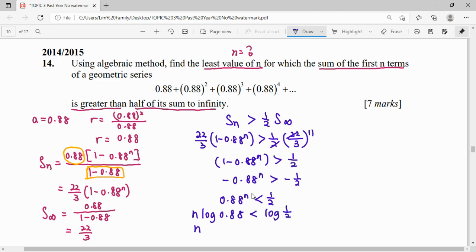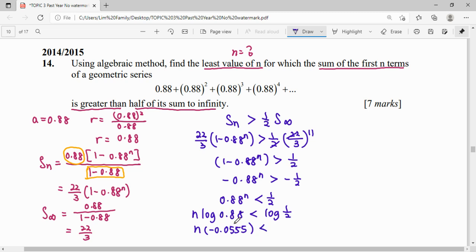So make sure you figure it out first. What is the value? Log 0.88 gives you a negative value. So that's why I need to figure it out. I cannot simply move it to the right hand side because I cannot see whether this value is positive or negative. If it's negative, when I divide, I need to change the sign again.